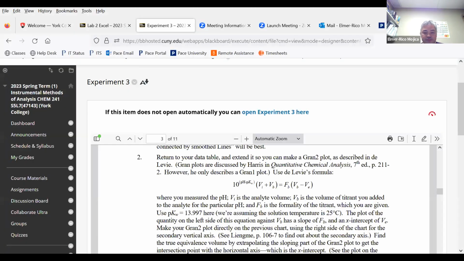Okay, so this is the formula that you have for the Gran 2 plot. You have 10 raised to the difference of pH minus pKW, which is 13.997, times BI plus BB equals FB times BB minus BE. So we could say the formality is your slope, and the x-intercept that you have there is your BE.